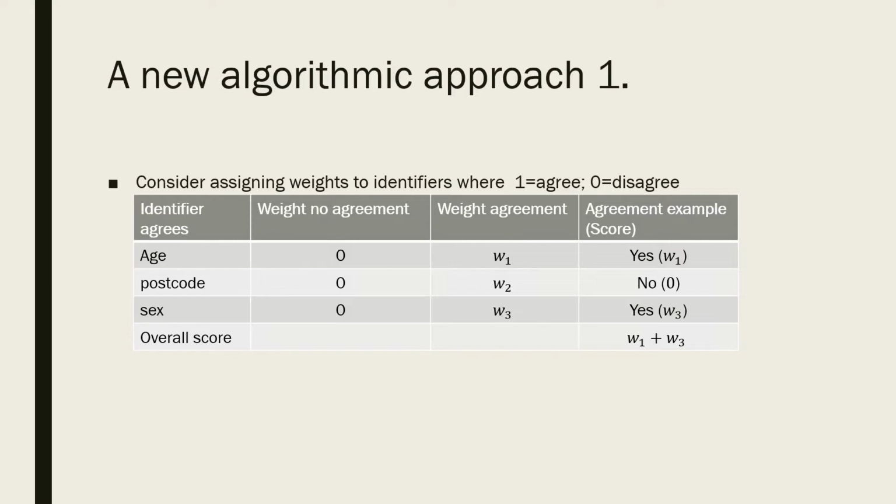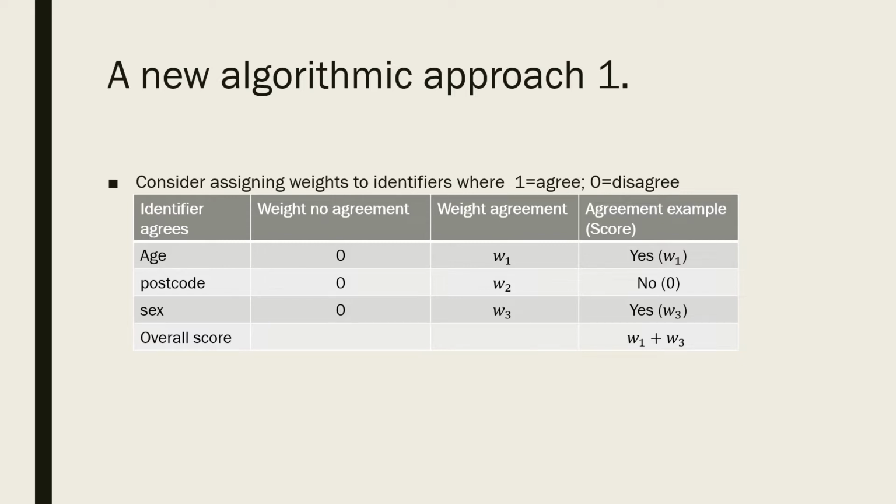Substitute a birth date, if you like, for age. So if there are 2 records where you're trying to establish whether they're the same person, if there's agreement on age, you will assign a weight W1 for that identifier for age. And if there's no agreement, you just assign a 0.